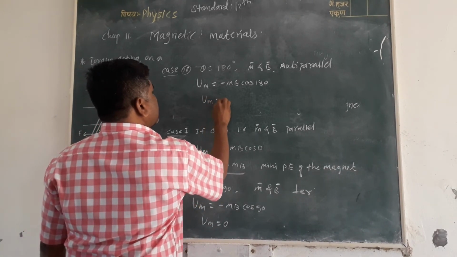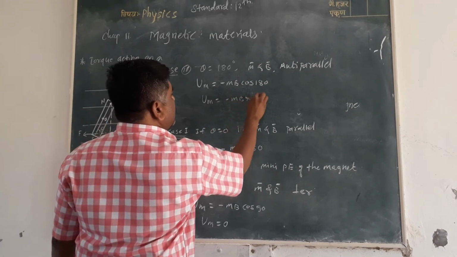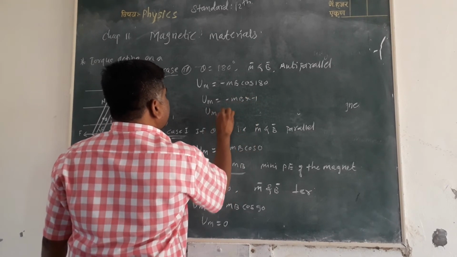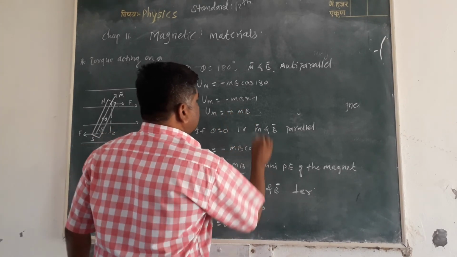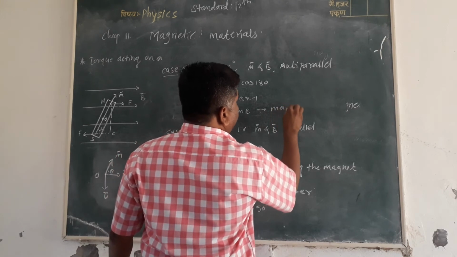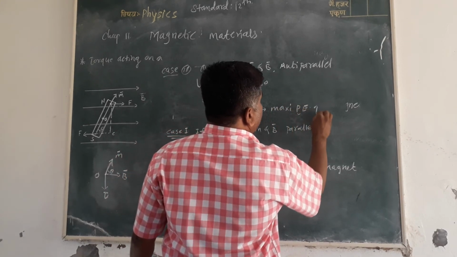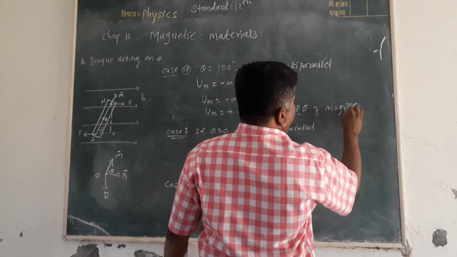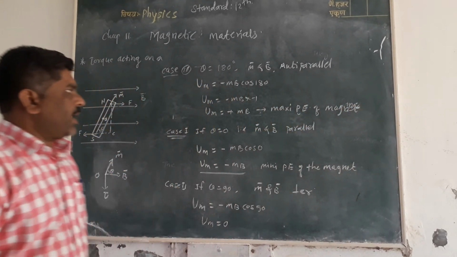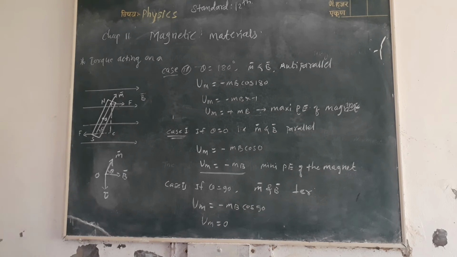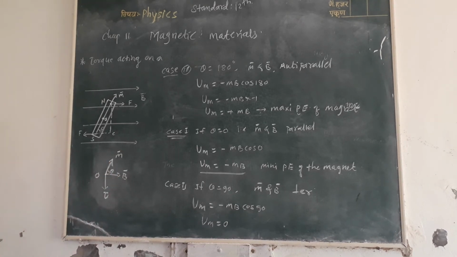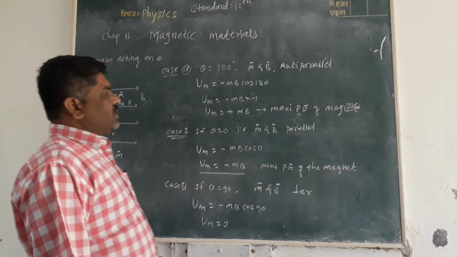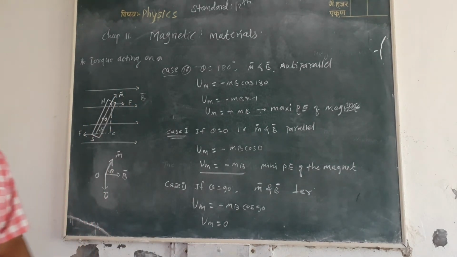Therefore, UM is equal to minus MB into minus 1, so UM is equal to plus MB. This is the maximum potential energy of the magnet. That is, if the angle between M bar and B bar changes, the magnetic potential energy also changes.